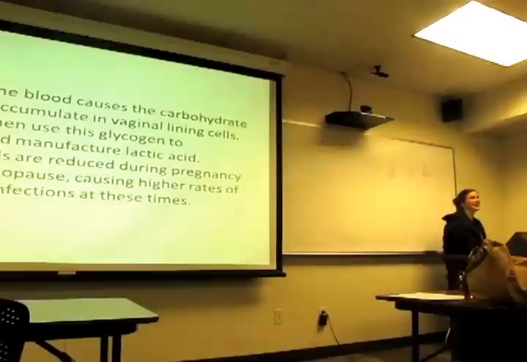Lactobacilli then use the glycogen to manufacture lactic acid, which keeps the vagina at a certain pH and also kills most of the UTI bacteria. But good job with all of them. Yeah, that's pretty good.